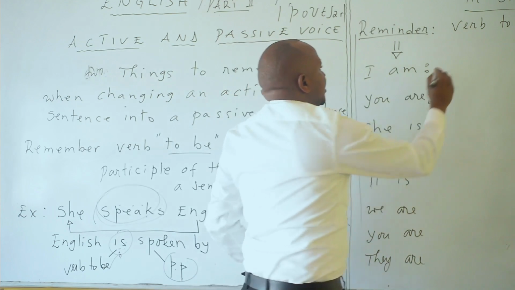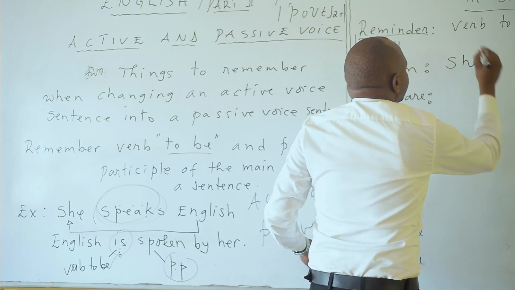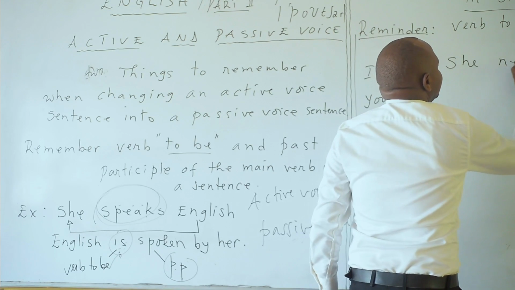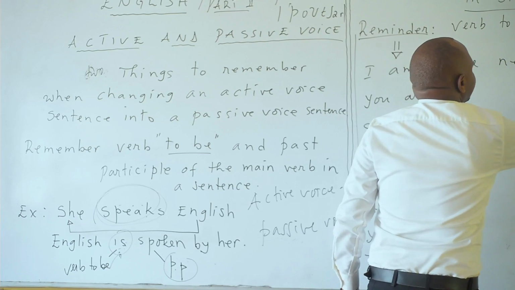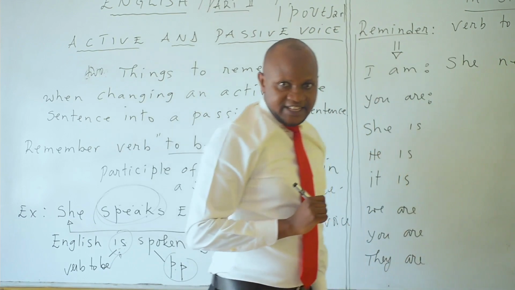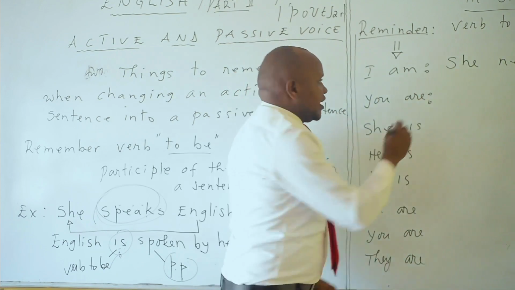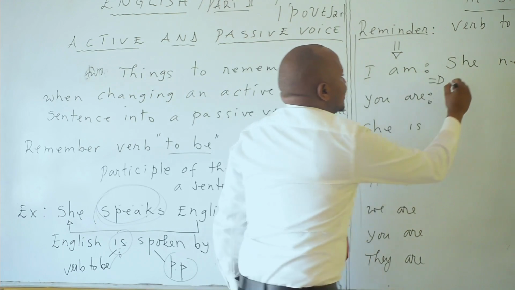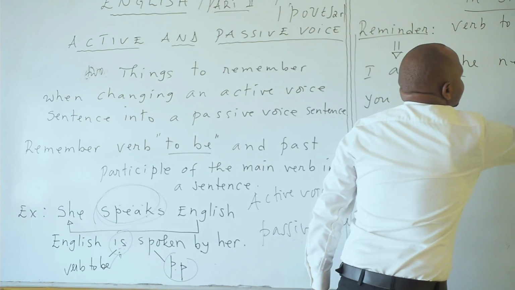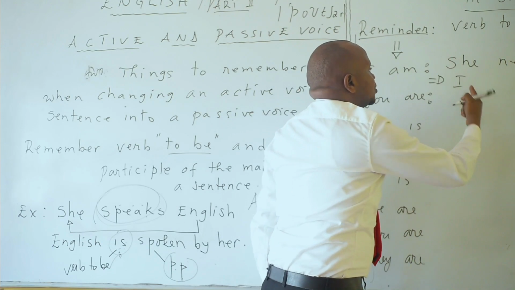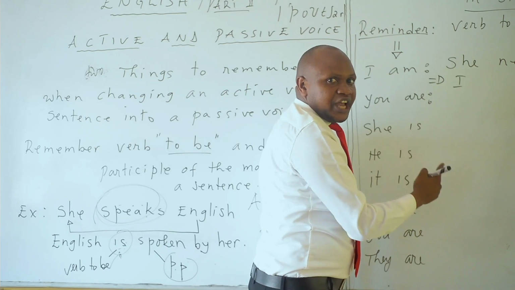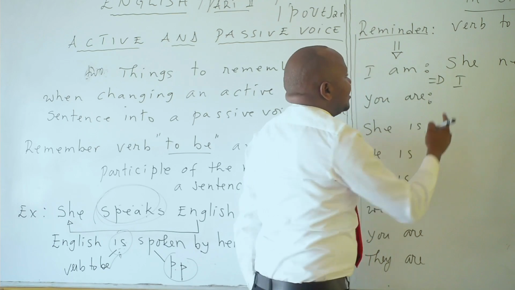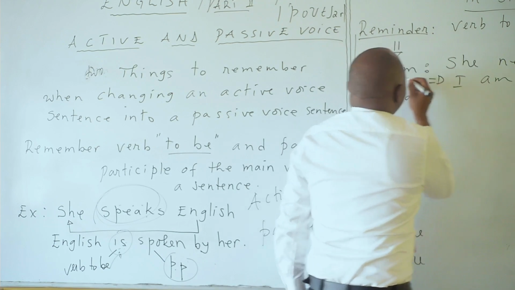Example. She needs me. Arankeneye. Here I'm going to say, niba ngiye kuyishyira muri passive, I will say this me is going to be changed into I. We are going to change me into I. I am, you see?